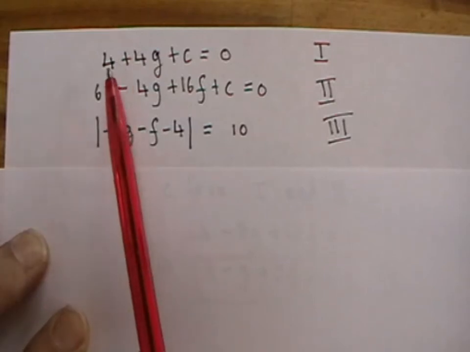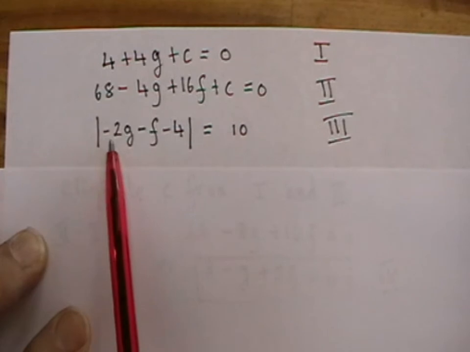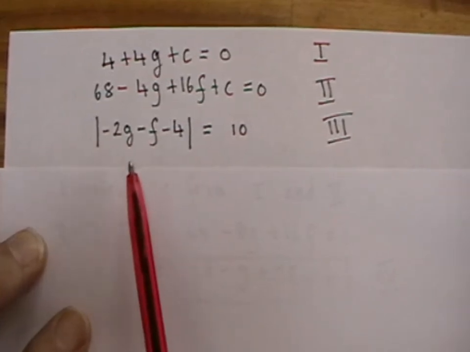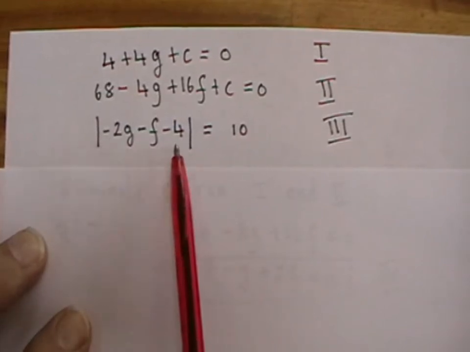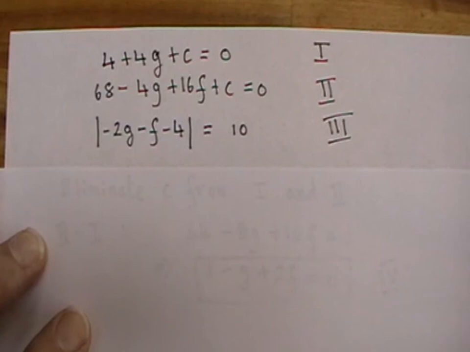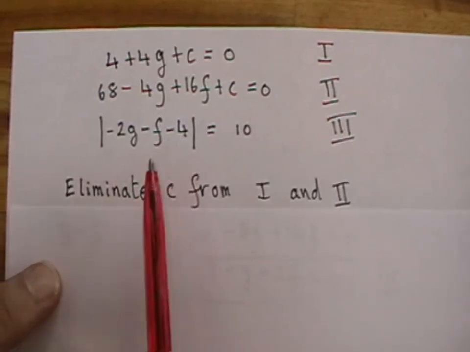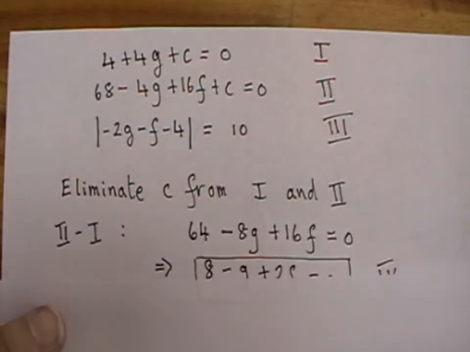So here there are three equations. That's when we substituted P, when we substituted Q, and when we used the information that the distance from the centre to the line PQ was the square root of 20, we ended up with the absolute value here equal to 10. Now, there's no c in this third equation, so I'm going to eliminate c from these two.